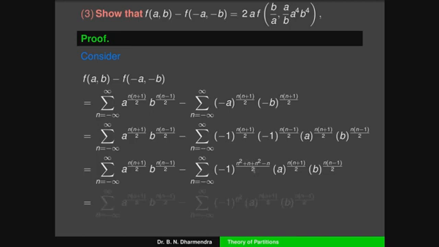So the terms of 2n square by 2 get cancelled, that is minus 1 to the power of n square. Remaining term is a to the power of n into n plus 1 by 2 into b to the power of n into n minus 1 by 2.